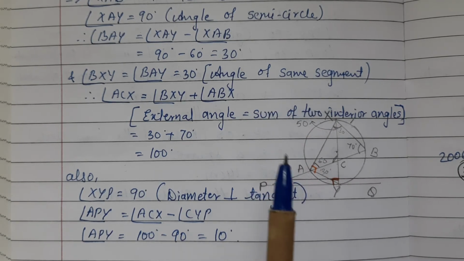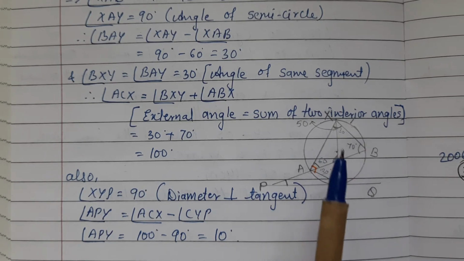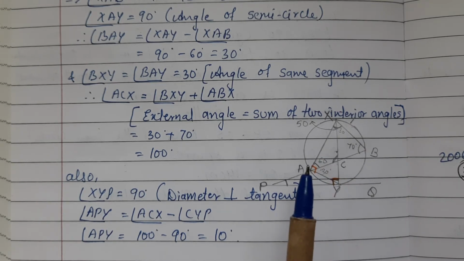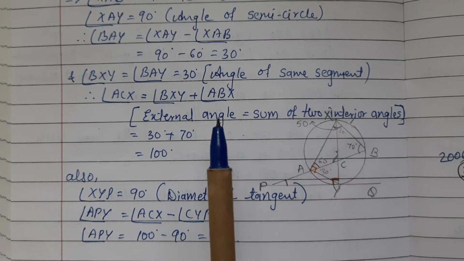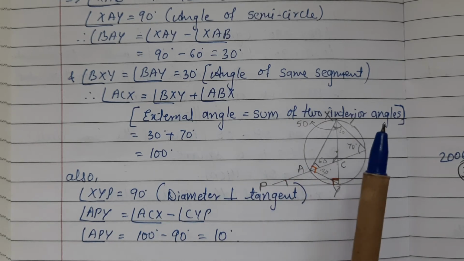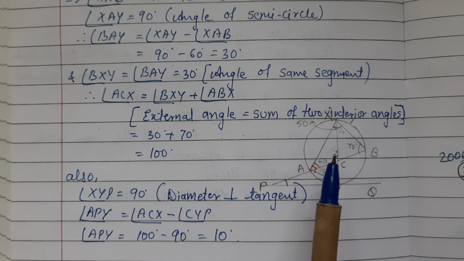Therefore, angle ACX is equal to BXY plus ABX. External angle is equal to sum of two interior angles, which is 30 plus 70 equal to 100 degree.